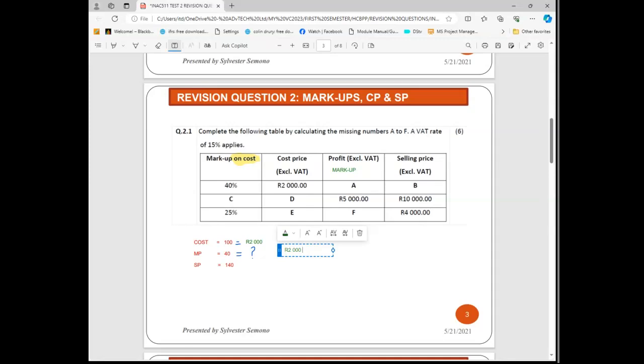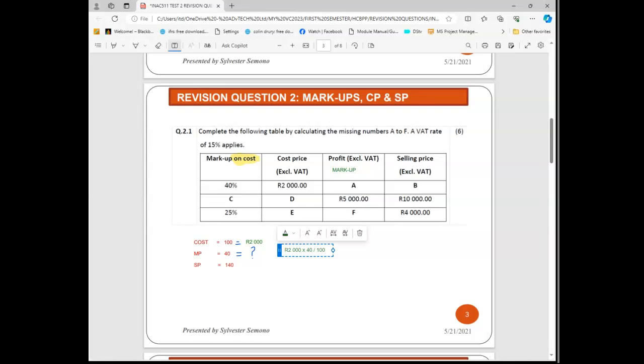Times 40%, times 40, over. Is it over 100 because it's excluding VAT? No, you are correct, but it's not because it's excluding VAT. It's got nothing to do with VAT. But okay, let me write it down and then I'll explain why.